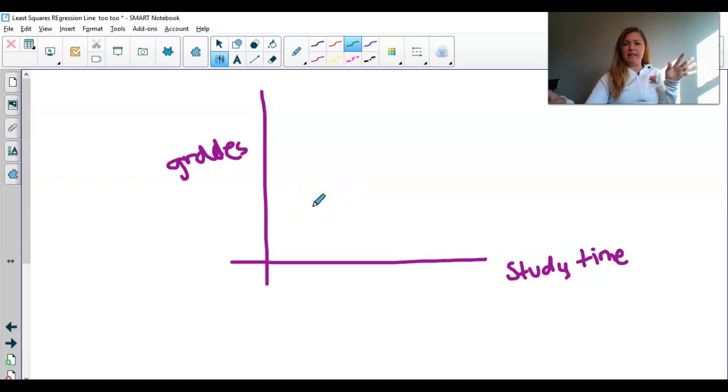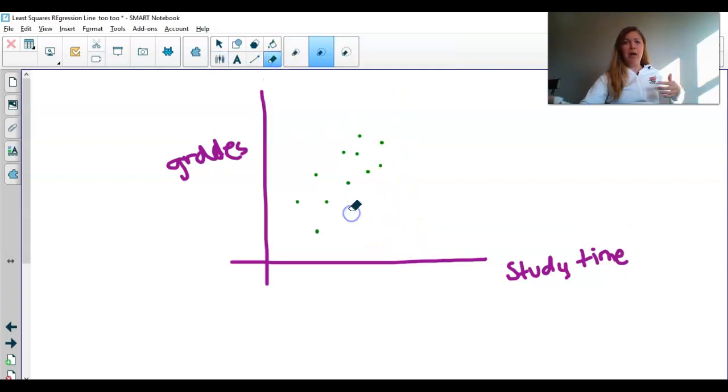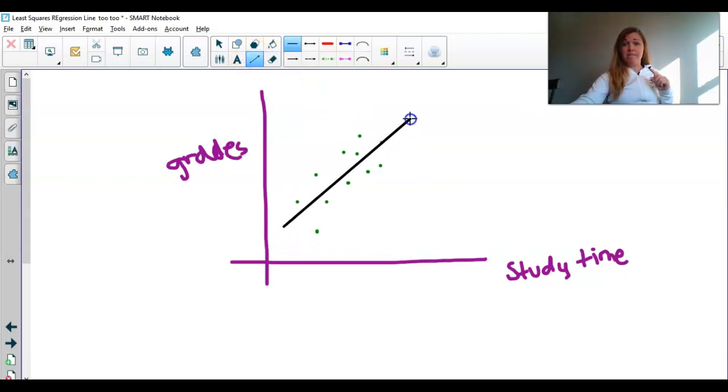We're always going to have some outliers, but most people could agree to some extent, the more you study, usually overall, think about the entire unit, the more you put into it, the better grade on a test you can get. And I'm not talking about just the night before. I'm talking about how well you're listening, and so on. Overall, we could put a line that models what's going on. Now, would you all agree that there could be some variation involved in the grade?